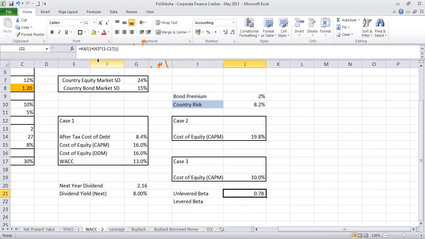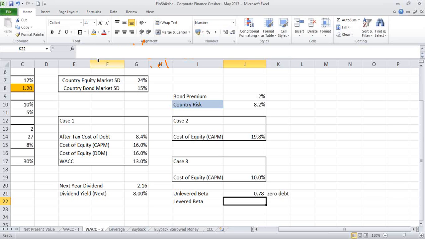Unlevered beta is 0.78. This means that this firm would have exhibited a market beta of 0.78 if they had zero debt. Now we have scaled it down. The assumption that the market is making is that between two comparable firms, if they have no debt, the risk will be perceived to be similar.